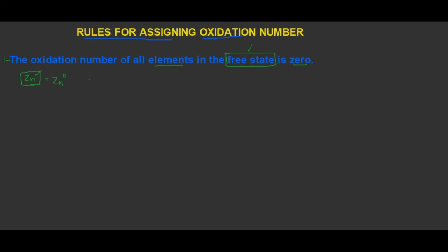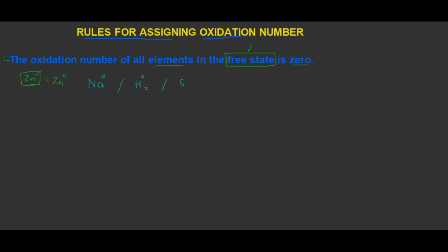Similarly, if we have a sodium atom, it is also in a free state, so its charge would be 0. Its oxidation state would be 0. Similarly, the hydrogen atom is in a free state, so its charge is 0, its oxidation state is 0. Similarly, let us take another example, sulfur.